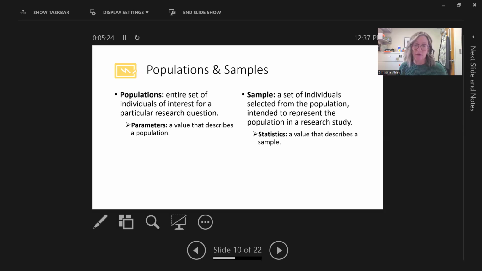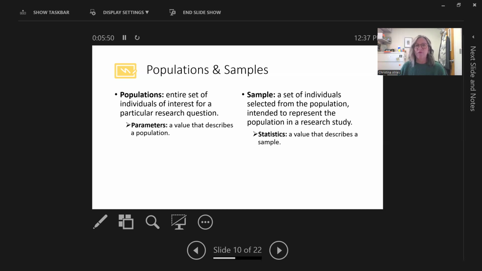It's very difficult. So we have to utilize a sample. A sample is a subset of individuals selected from that population. It is a smaller group of individuals selected from the larger population that they are supposed to represent. When we have a value that describes the sample, that's called a statistic.